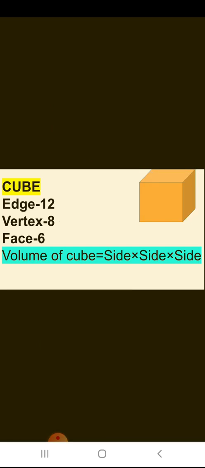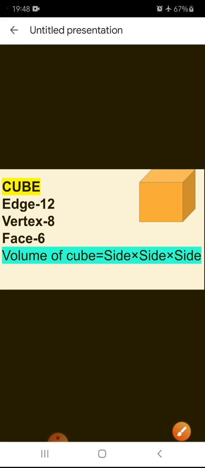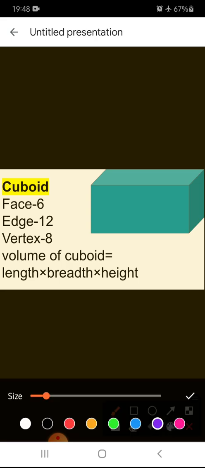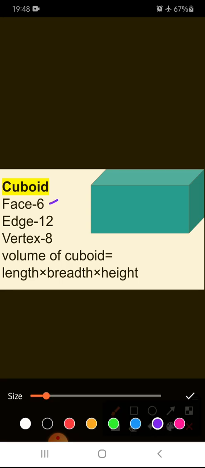But in the case of area, we just write square, not cube. The volume of the cuboid is length multiplied by breadth multiplied by height. This all we studied in the previous video.